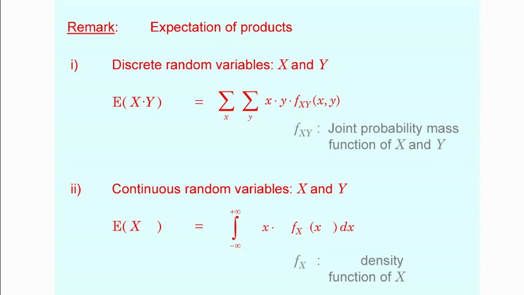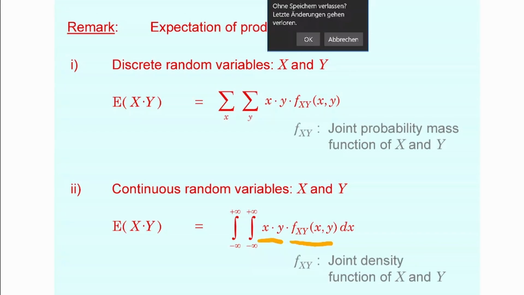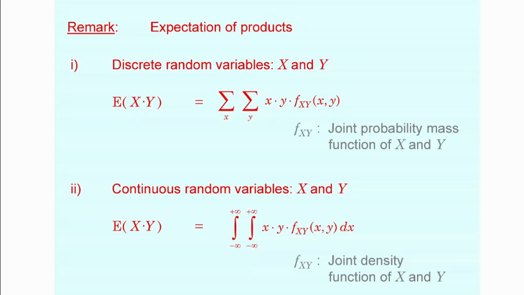Then the expectation of the product is equal to the double integral of the products based on the joint density function of the two, which is a theoretical concept, by the way. For the normal distribution it's relatively easy, but for most other continuous distributions it's not that easy to represent. Anyway, I think you've also seen that one, so I'm not going to elaborate on it anymore.